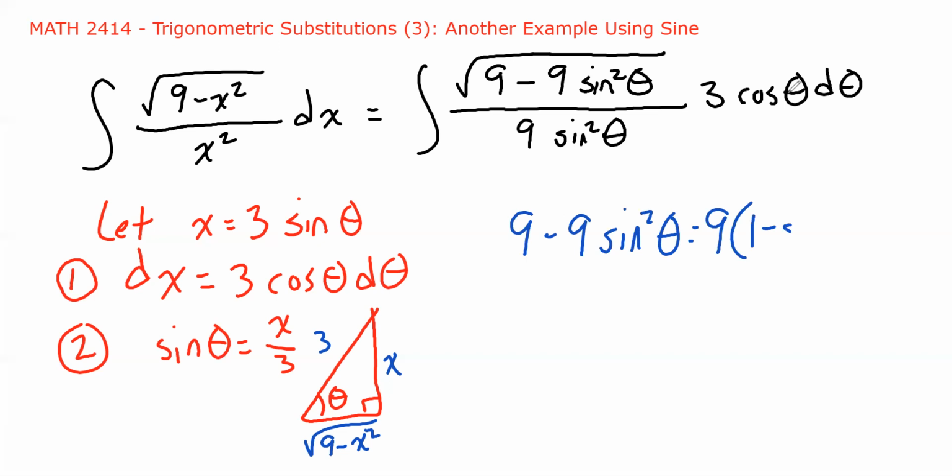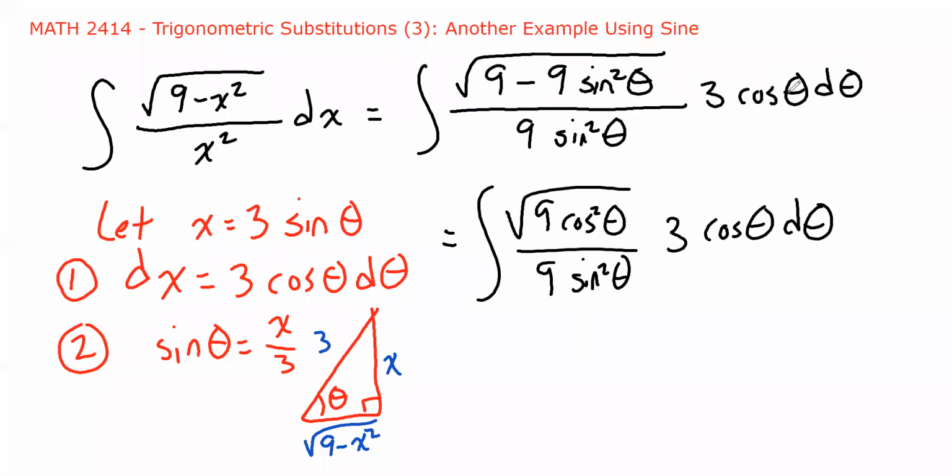So if we factor out the 9, we get 9 times 1 minus sine squared theta, but 1 minus sine squared theta is cosine squared theta, thanks to a Pythagorean identity. So the radicand, the part under the square root, will become 9 cosine squared theta. So we've made that change. And if you do enough of these, you start being able to take advantage of that Pythagorean identity quickly by saying, oh, 9 minus 9 sine squared theta, that's just 9 cosine squared theta.